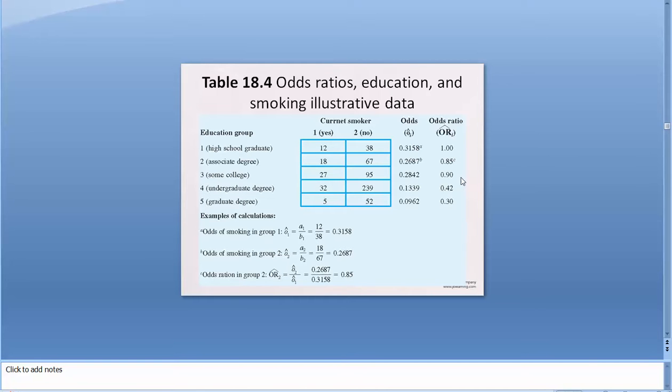But later on, when you do a higher level course, I'm definite that you will come across those. Okay, but for now, just keep in mind odds ratio close to 1 means there is no association. But if odds ratio is away from 1, then there is an association between the two variables. Okay, all right.